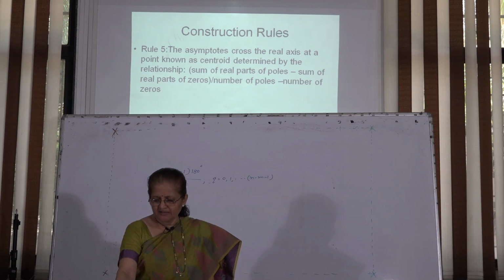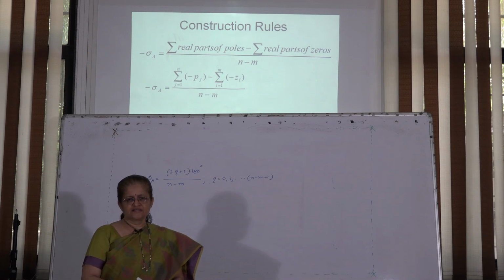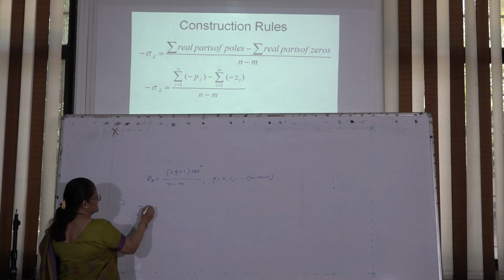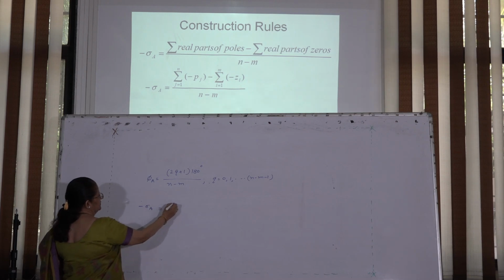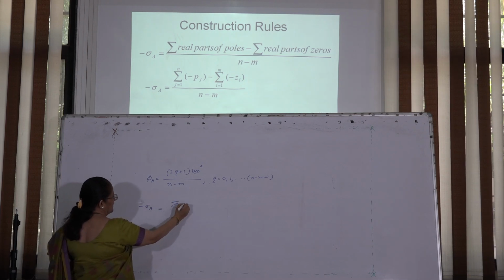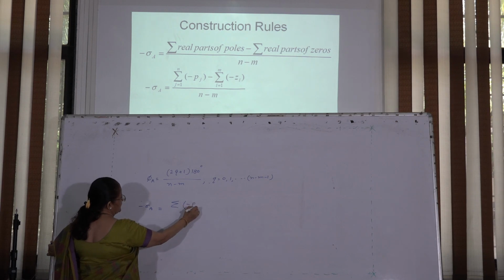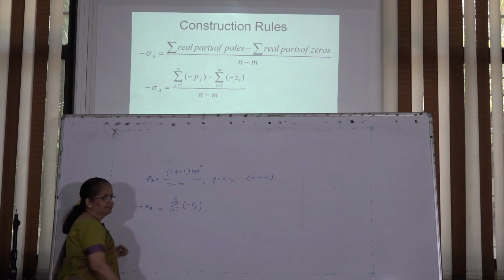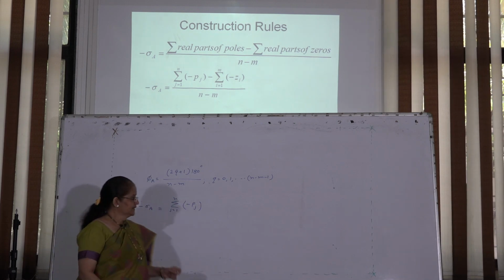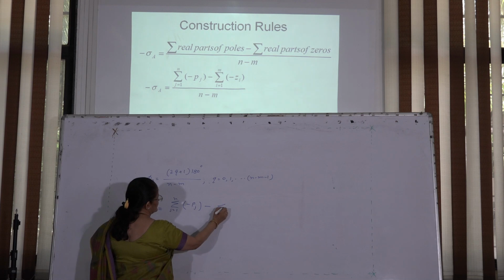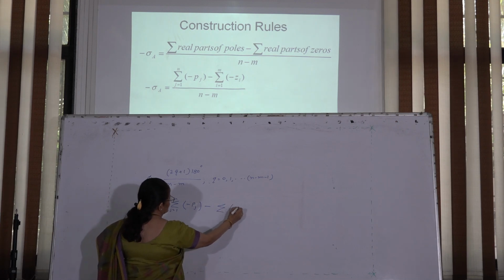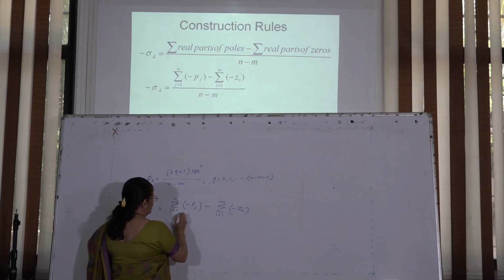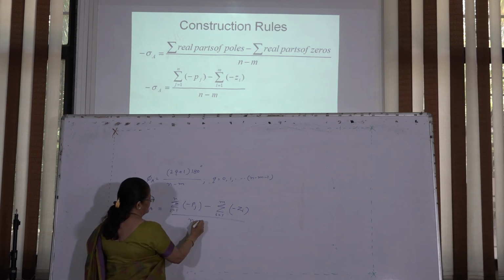Mathematically we can write it as: centroid is given as sigma A is equal to summation of real parts of poles, Pj, j varying from 1 to n, minus summation of real parts of zeros, zi, i varying from 1 to m, upon n minus m.